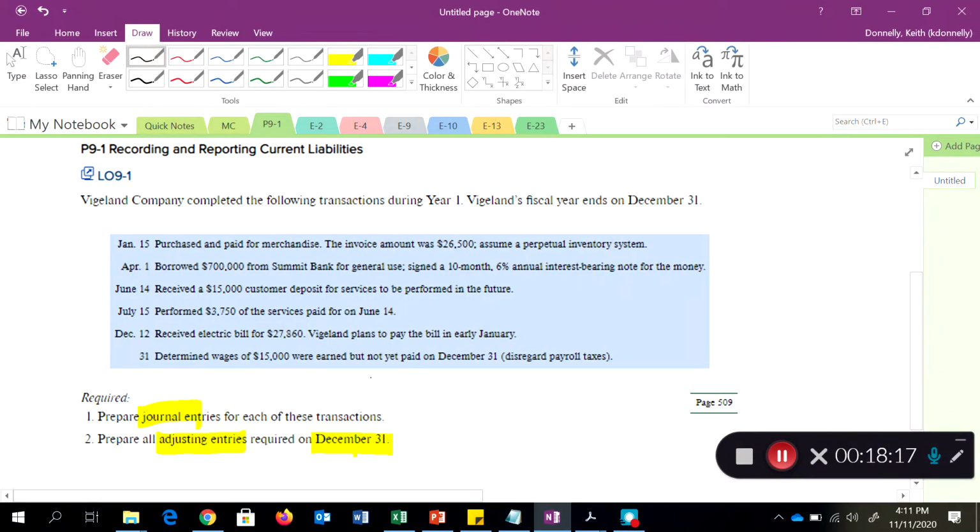So journal entries, right? How we always do journal entries. We know our assets equal our liabilities plus our stockholders' equity. We know our debits are on our left, our credits are on our right. Debits on the left, credits on the right. We know assets increase with a debit, decrease with a credit, and we know the reverse is true for liabilities and stockholders' equity.